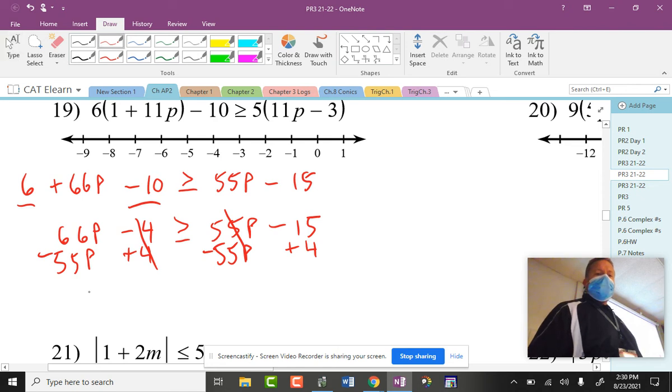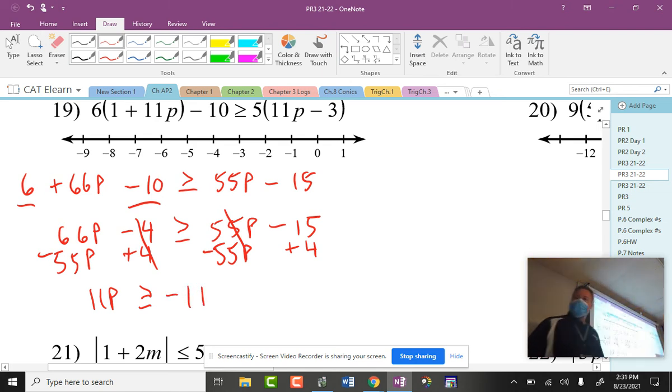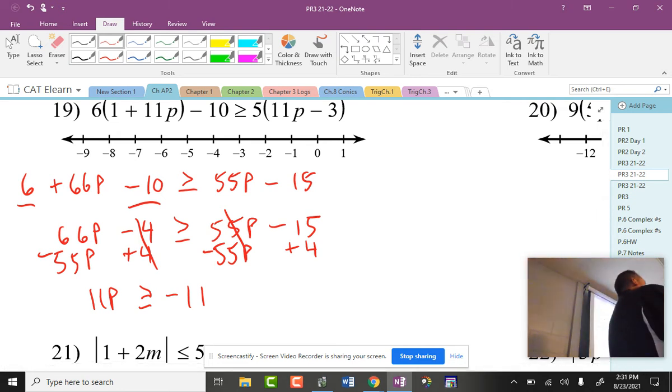Lo and behold, it doesn't always have to happen, but this one did end up being nice. By the way, tell me what I do next. What's the undo operation? And you're not dividing by a negative, right? I'm just asking a question. But someone raise their hand. Tell me if you know what happens in an inequality when you divide by a negative. Nice! Break into the class. The symbol flips.